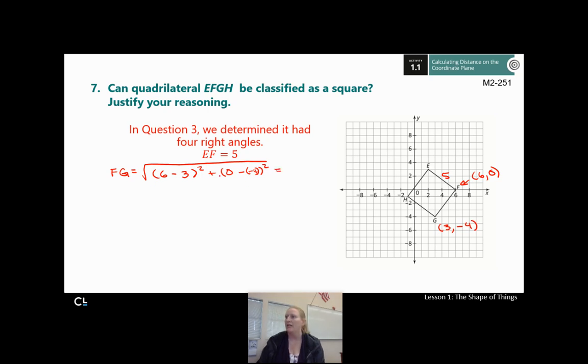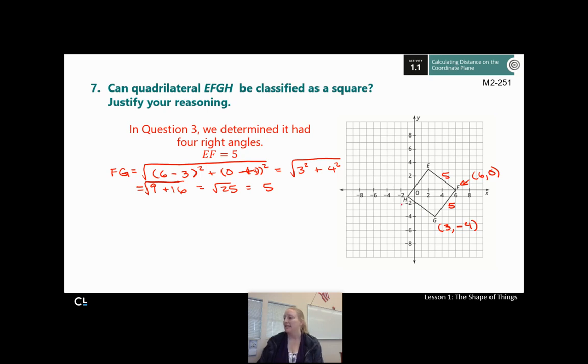It's not that bad. 6 minus 3 is 3, so that's 3 squared. 0 minus negative 4, double negative becomes a positive, so 0 plus 4 means I get 4 squared. So we've simplified this and this. 3 squared is, of course, 9, plus 4 squared, which is 16. And 9 plus 16 is 25. Oh, and the square root of 25 is 5. Yay! So that side is 5.